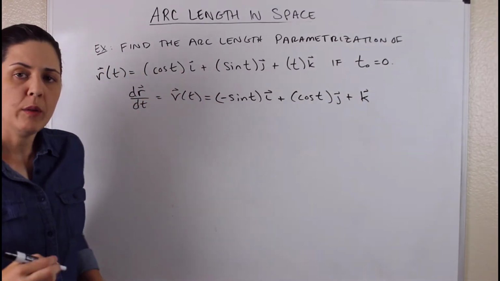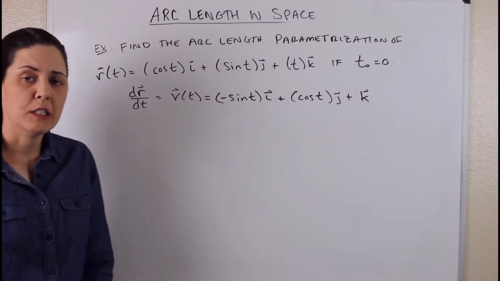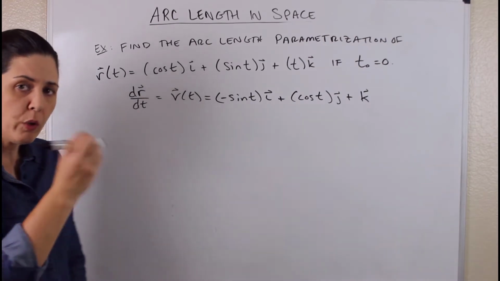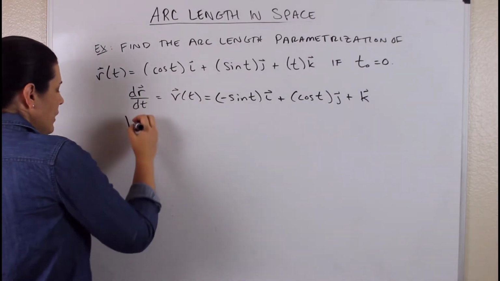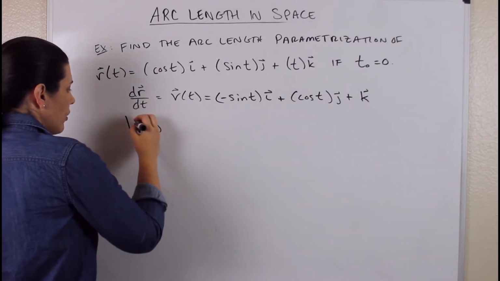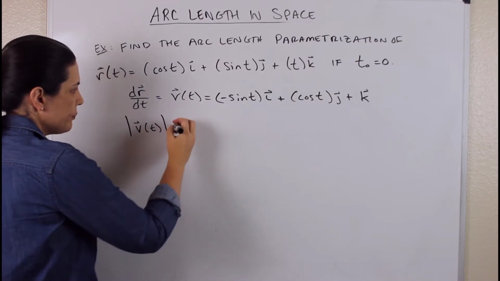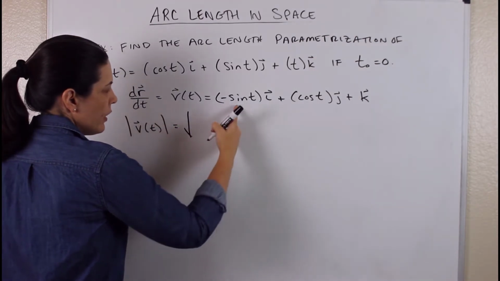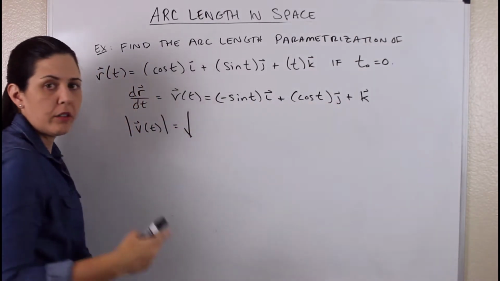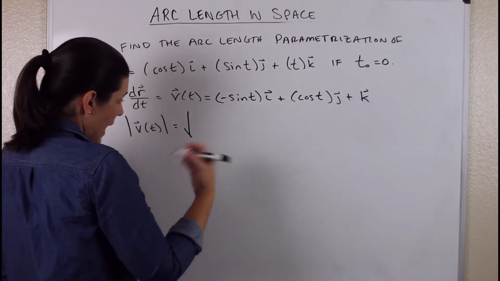Alright, now we need the magnitude of this because that's what we're going to integrate for our formula. So then the magnitude of our v of t is the square root of these components squared and added.